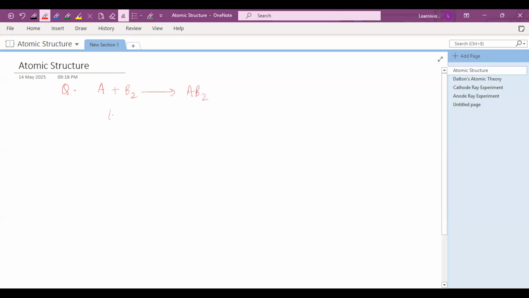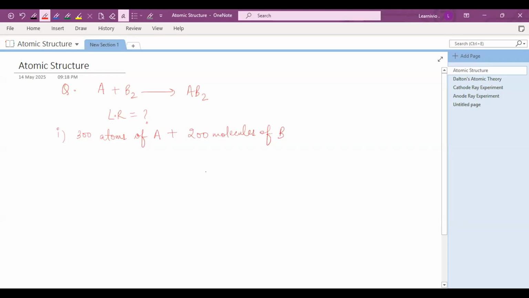And you have to identify the limiting reagent. So the first question was 300 atoms of A plus 200 molecules of B, right? So this was the question.